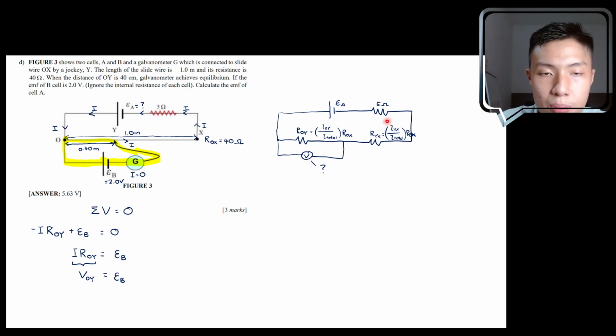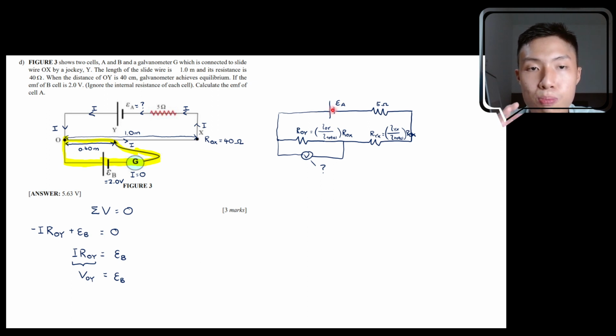And if we talk about it from the concept of potential divider, you are just splitting the cake. You are splitting the potential of epsilon A, splitting it to ROY, splitting it to RYX, and splitting it to the 5 ohm resistor.